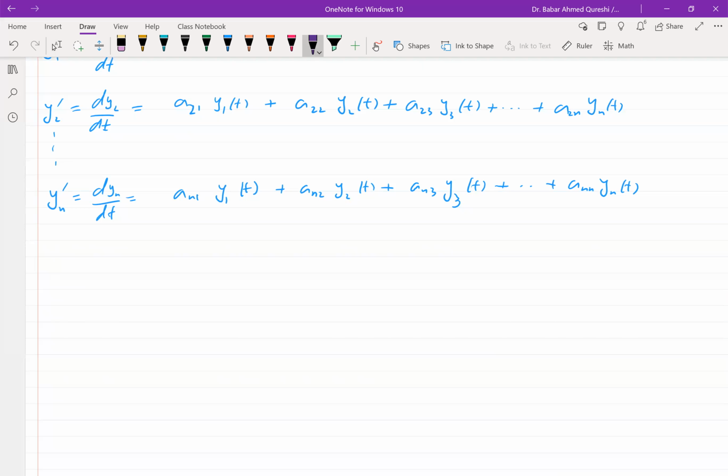Now I can arrange this into a column, let's call it y of t, which has all these functions arranged. Then the derivative y dash of t is the column which arranges all the derivatives of these functions.